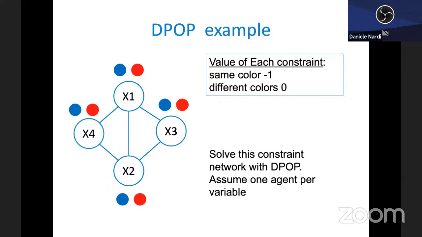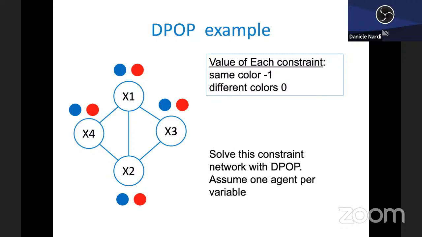In this problem, we have a graph coloring problem, and we want to constrain the problem to use only two colors. You may see this as a little bit artificial, but it's particularly useful in order to show the features of the overall approach. So in the end, we have to decide for x1, x2, x3, and x4 which color they should take in order to optimize the solution, which means that if we have two neighboring nodes with the same color, we have a penalty of -1.